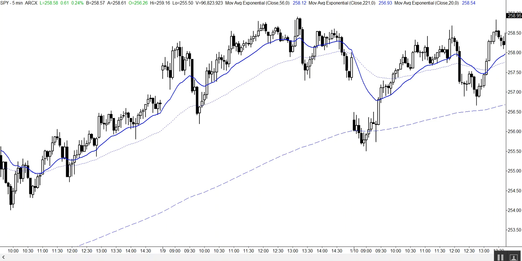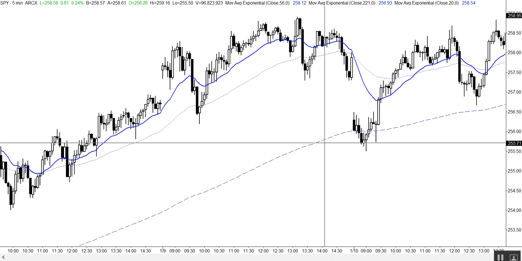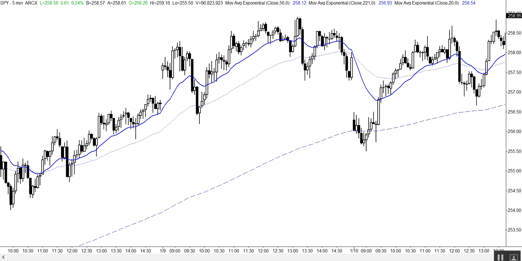So this is a 5-minute chart. This represents the average price, or exponential moving average, of the past 20 bars. This broader line down here is a representation of a 60-minute chart, 20-period exponential moving average.